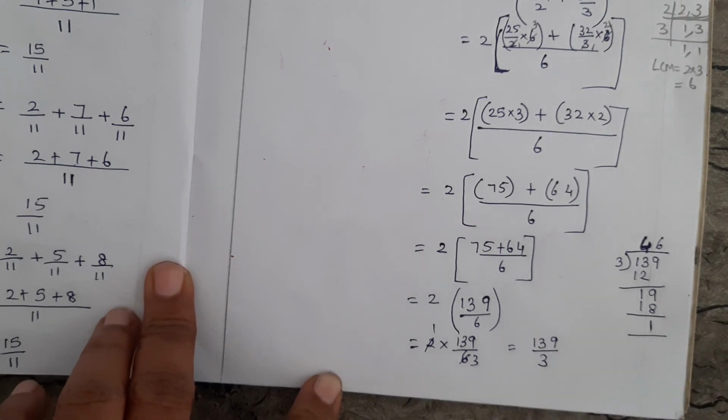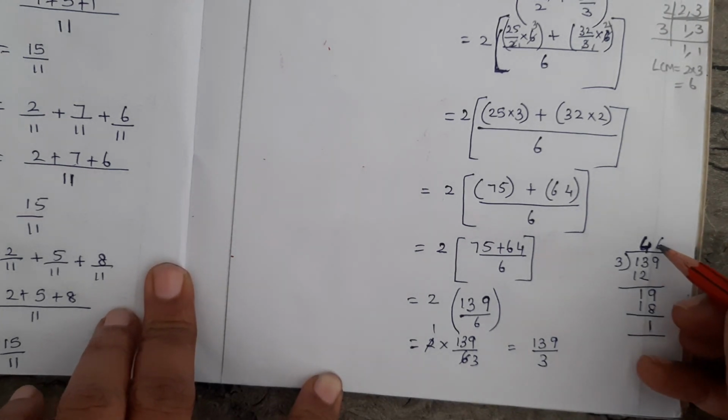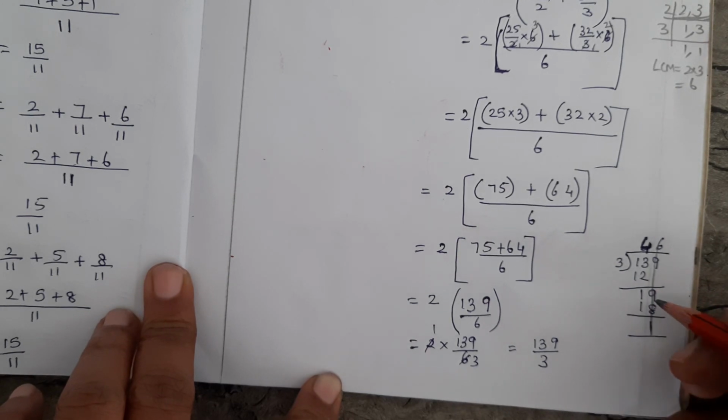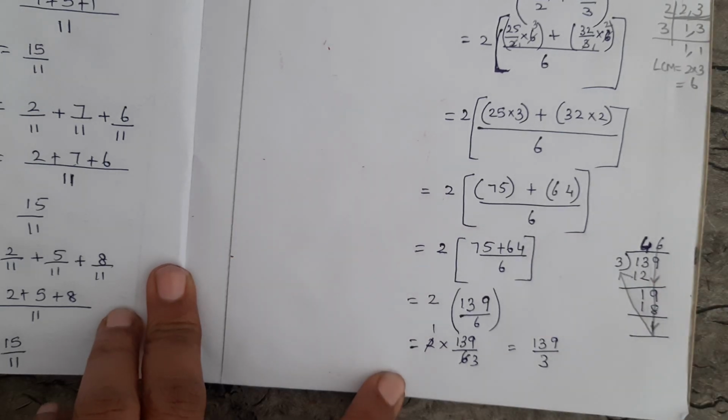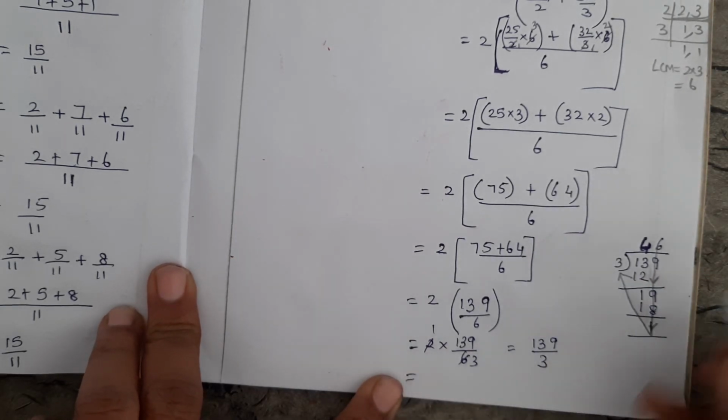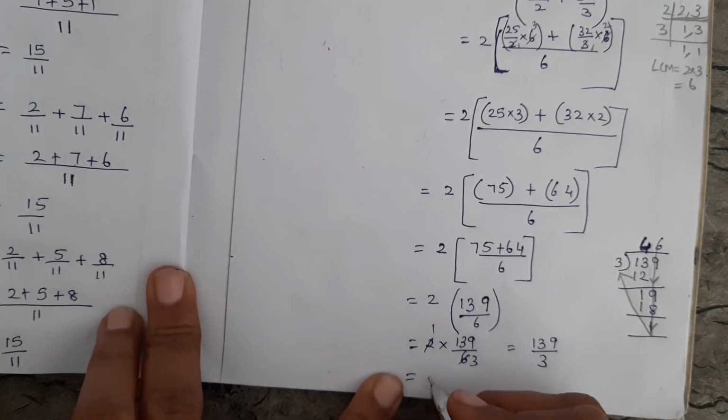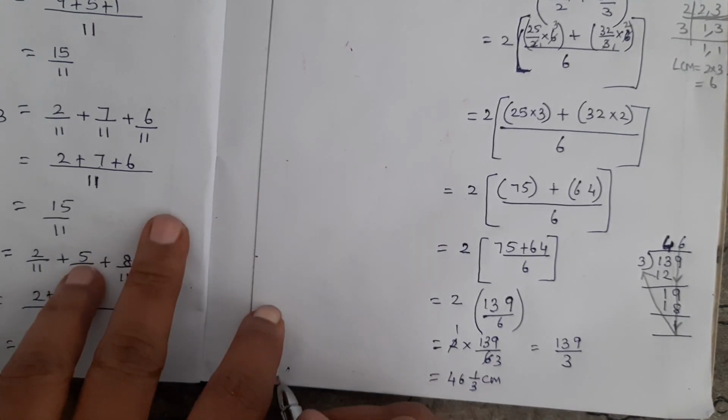What have we got here? 46. Start from the quotient, then the remainder, then the divisor, which is equal to 46 1/3 centimeter.